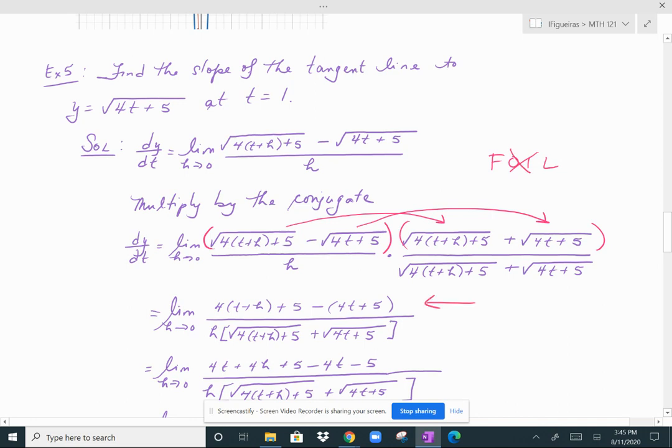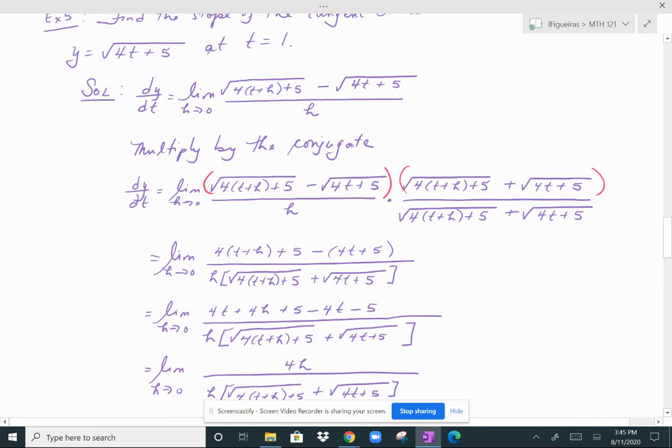The radicals cancel out. So you have 4 times t plus h plus 5 minus 4t plus 5. Make sure this is within parentheses because that minus belongs to both of them. Then the denominator, all I did was just put these next to each other. You don't distribute the h. That's not necessary.